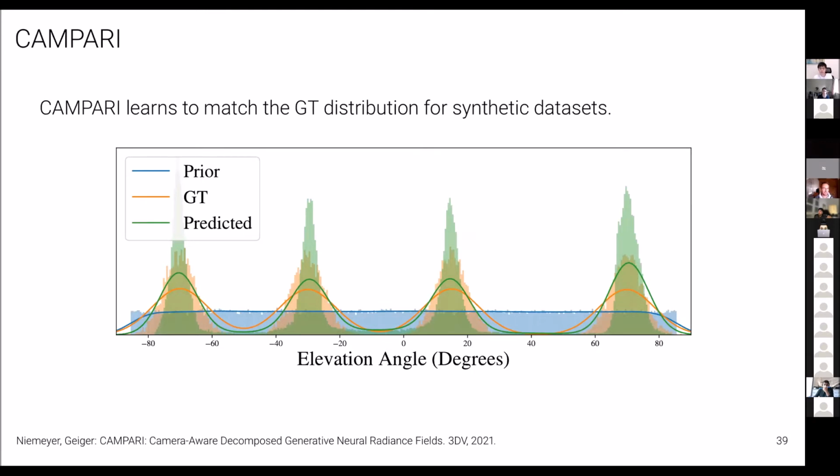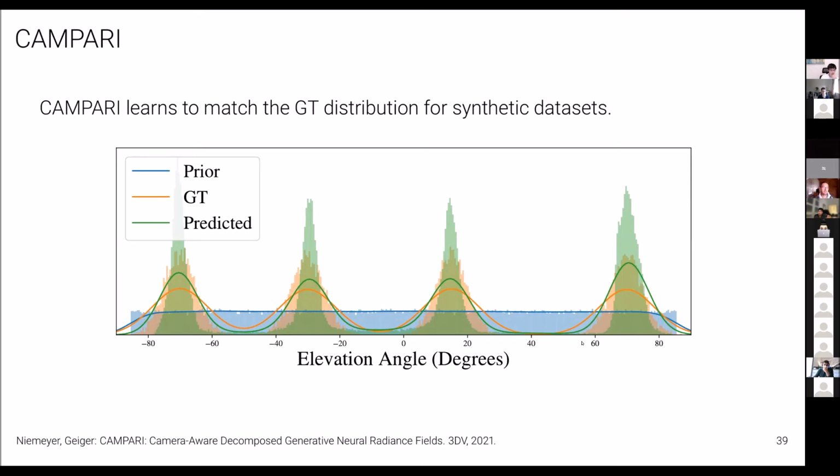So here I want to show you some results. What you see here is a histogram or distribution plot over the elevation angle on the x-axis. This is one of the camera parameters now, a one-dimensional space illustrated here. And we can see that starting from a relatively uniform prior here in blue, the model now, including this step of also learning the camera distributions, learns that in this particular data set, here in green, the distribution has actually 4 modes.